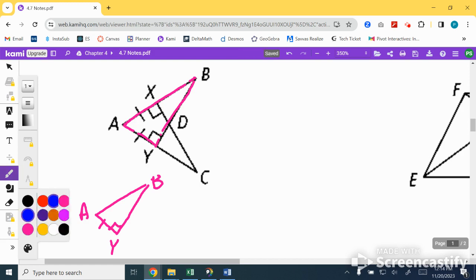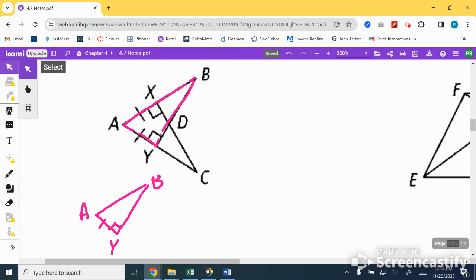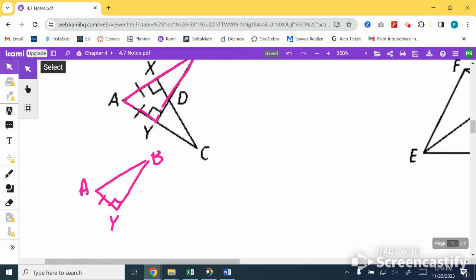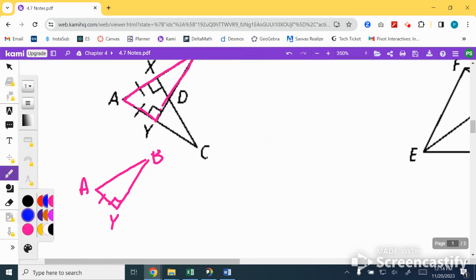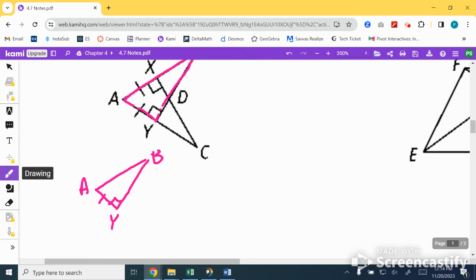Now I'm going to do the other one, and that one is triangle CXA. So we're going to do CXA now. So here's C, here's X, and there's A. CXA. And I have AX is congruent to AY.